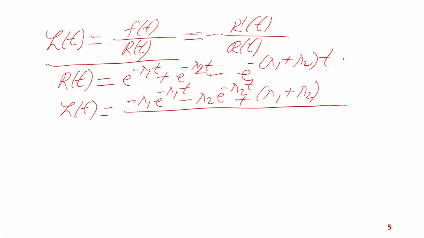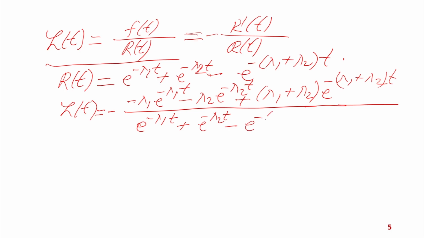So, this becomes e to the power minus lambda 1 plus lambda 2 into t divided by e to the power minus lambda 1 t, then e to the power minus lambda 2 t, then a negative sign will come here. Okay, then minus e to the power minus lambda 1 plus lambda 2 into t.